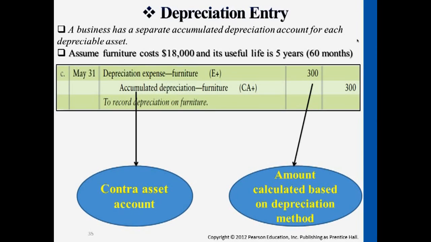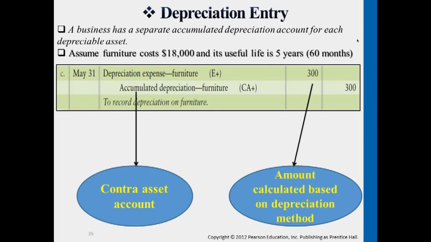This entry only recognizes a month of using this furniture; we're just capturing May. Assuming the furniture has a lifetime of 5 years, then every single month, if the company issues monthly statements, we'll do this exact same entry all over again. We spread out the cost of $18,000 divided by 60, and every month reduce the asset's value by $300.